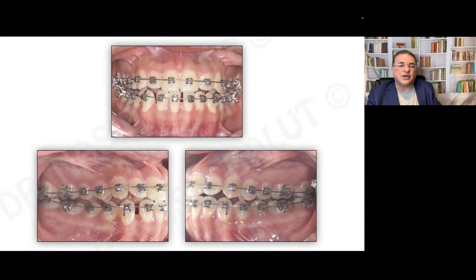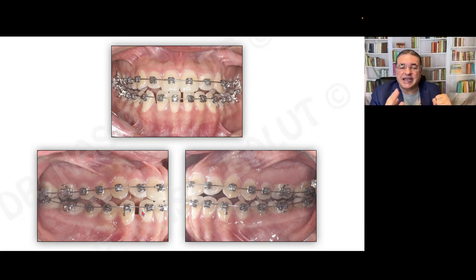So here you can see the case. The patient was very good wearing her rubber bands. She had them full time. So look at the spaces that we opened up, and these spaces were not because I have a pro-inclination of the lower anteriors.